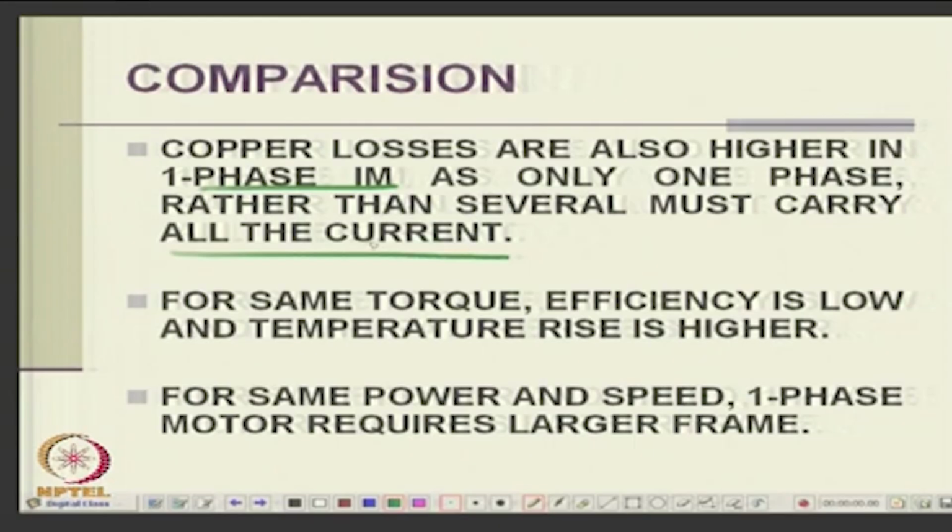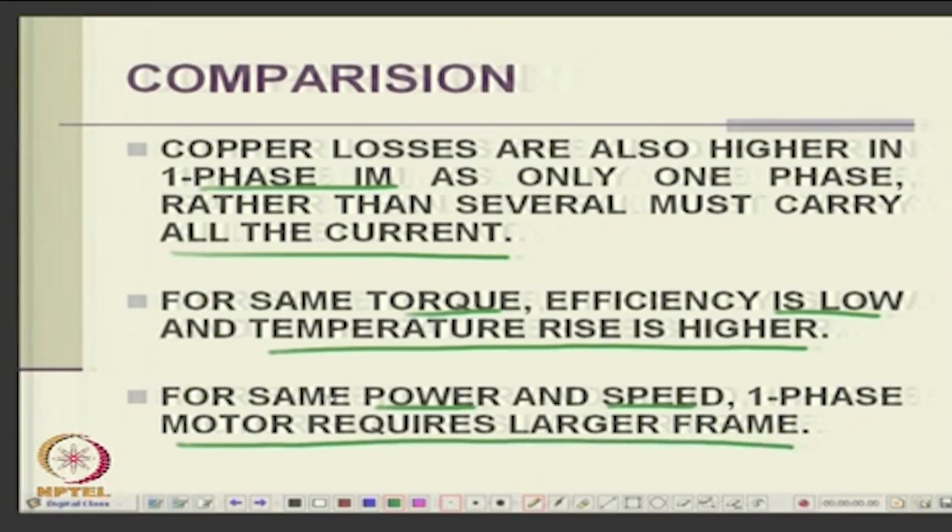Copper loss is more in a single phase motor than in a 3 phase motor. For the same torque, efficiency is low and temperature is higher. And for the same power and speed, a single phase motor requires a larger frame. If you want to make a 1 horsepower motor, you can make a 3 phase machine with a smaller frame, but for a single phase machine you require a bigger frame, because you need to accommodate the backward field, the more losses, more heating and so on.